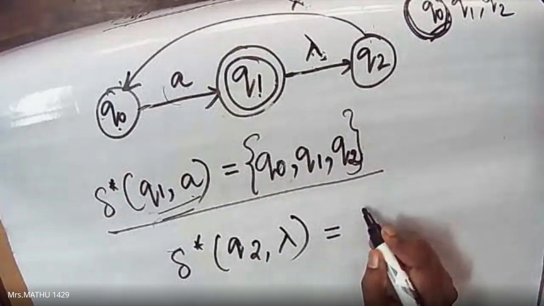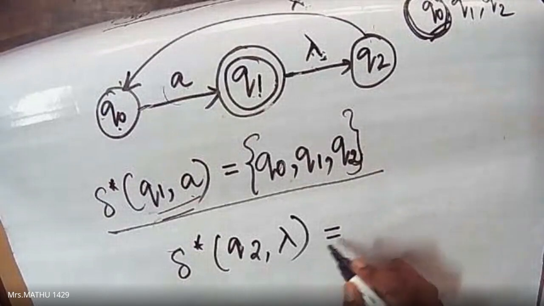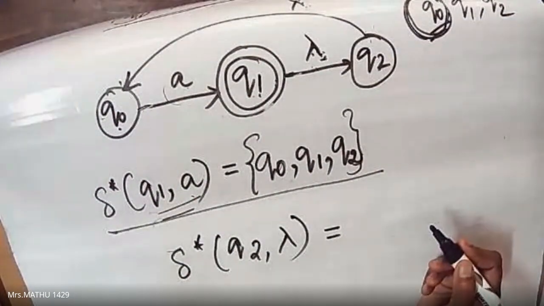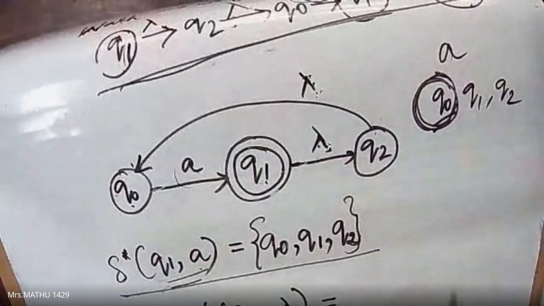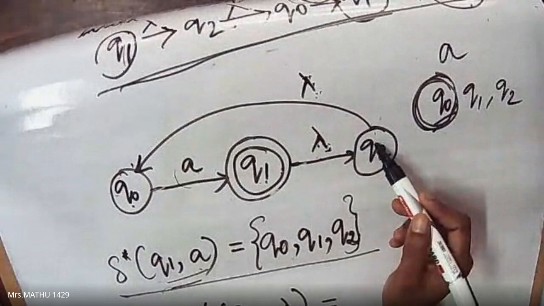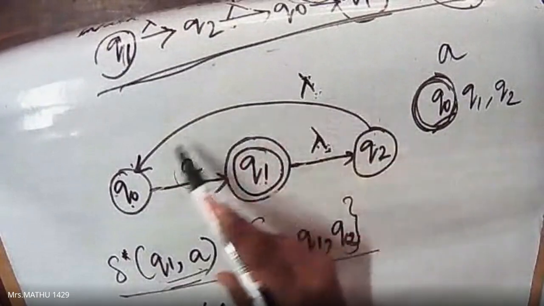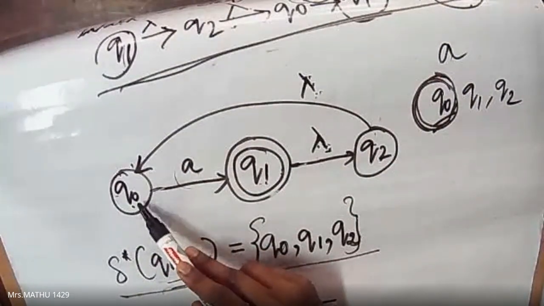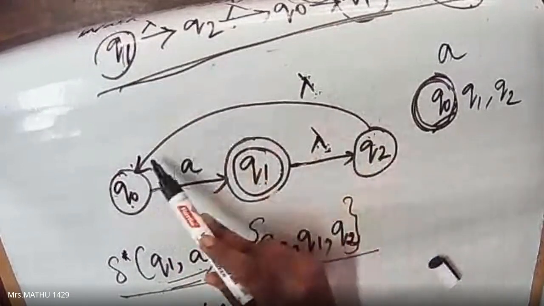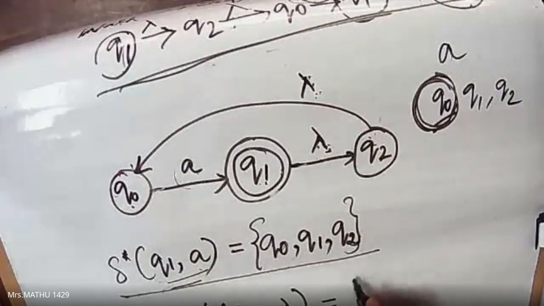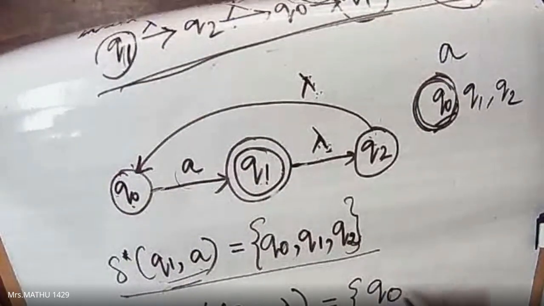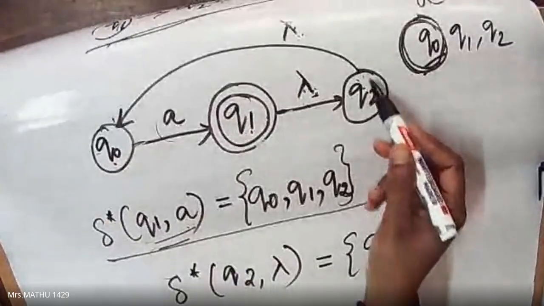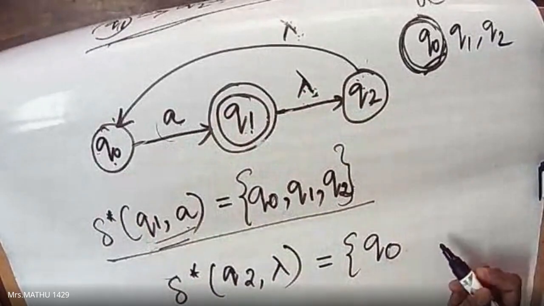As we have discussed, from Q2 there is a direct empty transition move to Q0. So from Q2, on reading lambda, it goes to Q0.